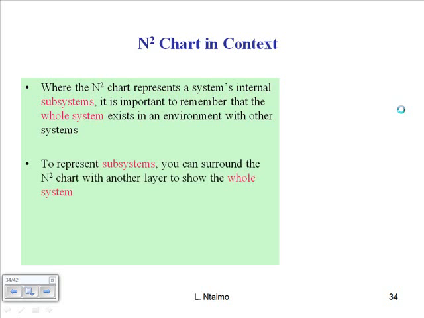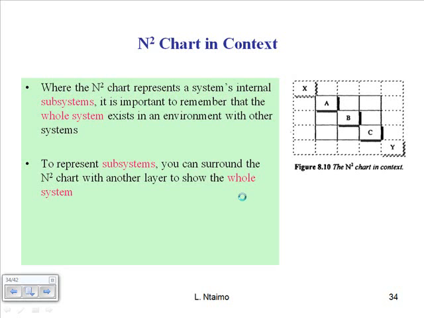Okay, so when we draw n-squared charts, sometimes it's necessary to actually show the environment. So in order to do that, we basically create another layer surrounding the n-squared chart. In this case, for example, I'm interested in this particular system comprising A, B, and C. Okay, so I'm trying to look at this particular system.